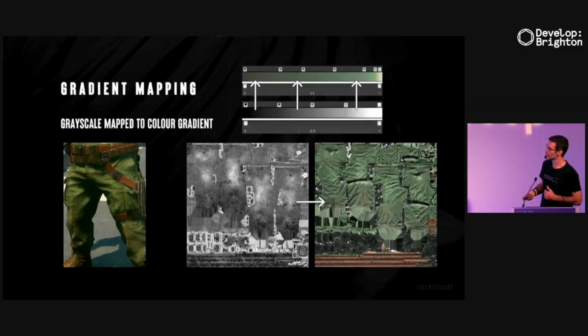Basically, if you imagine the grayscale map here, if you look at the histogram, the values from black to white from that map, if we overlay, not in the Photoshop sense, but if we put a color gradient on top, each of these values corresponds to a color above it.